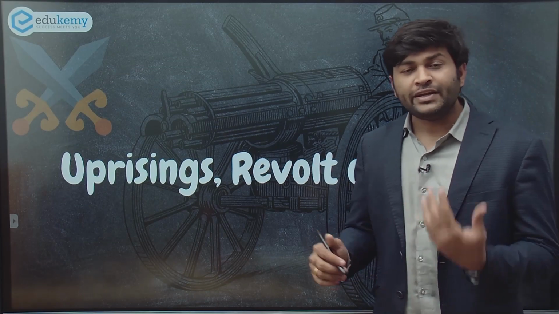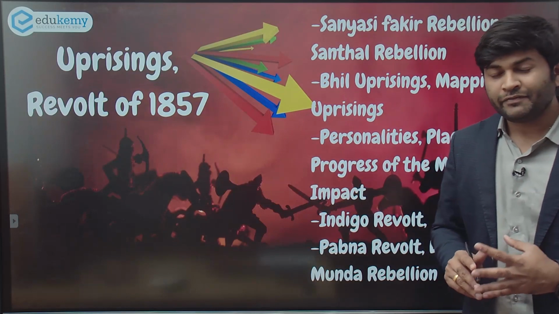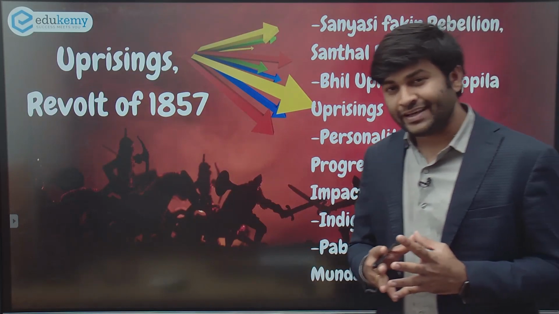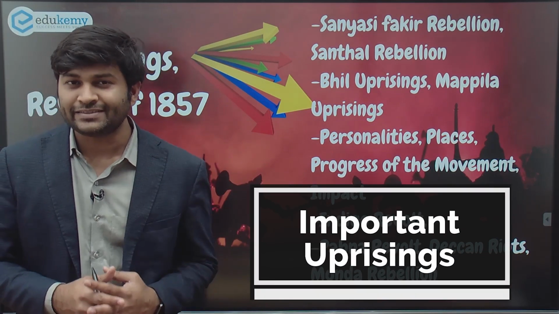Now, we need to understand from the various perspectives what the different types of uprisings that took place were. When we consider the Sannyasi or Fakir rebellion, that is important. The Santhal uprising is important.